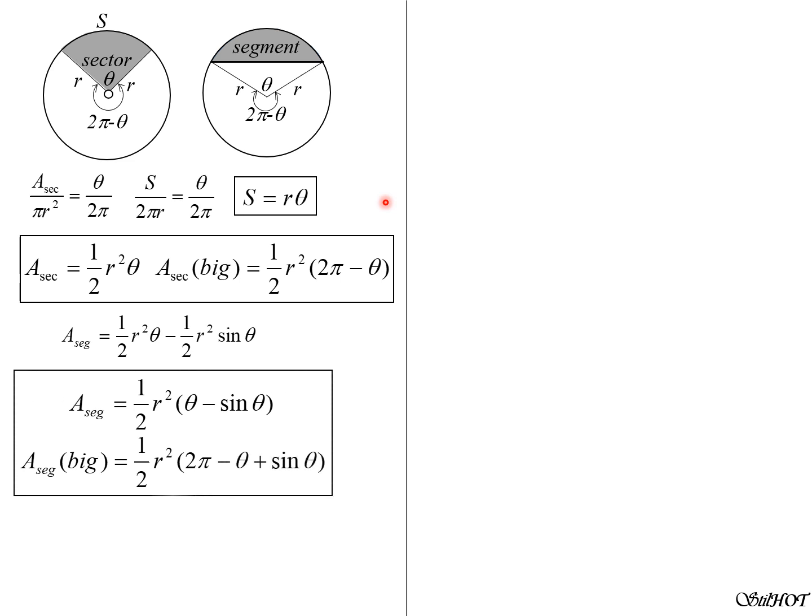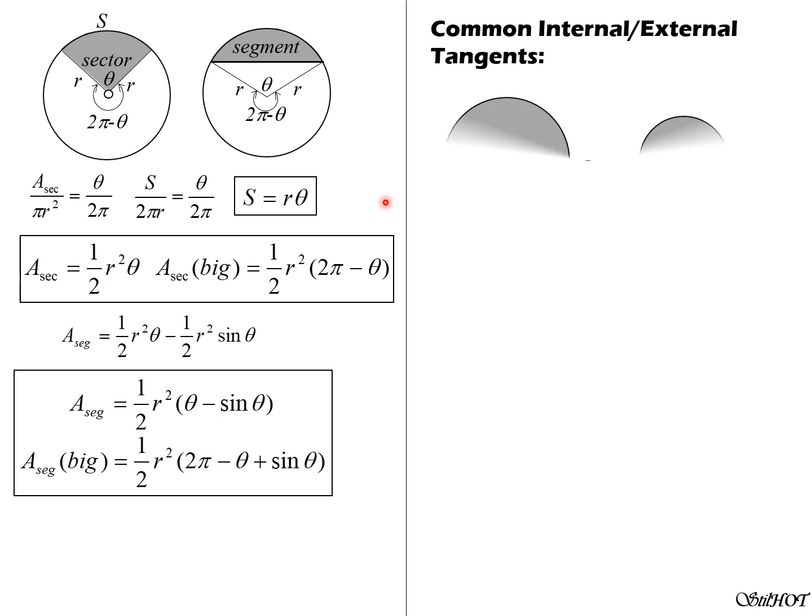Then finally we have common internal and external tangents. If we have a circle here, the distance between their centers is d, the bigger circle has radius big R, and the smaller has radius small r. And we have here an internal tangent that is perpendicular to big R. This is also perpendicular to small r.